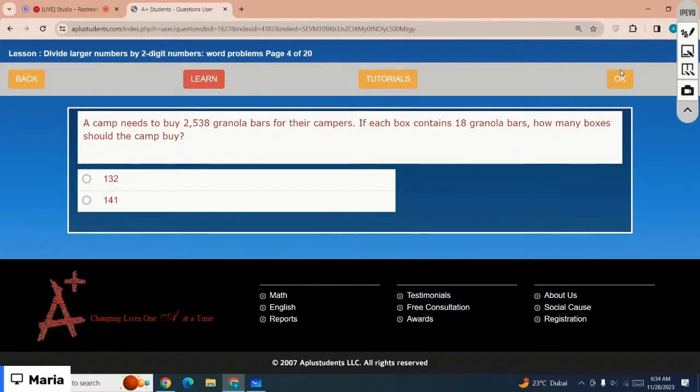Which is the correct option? 141. Yes, the correct option is 141. 141 is the correct option. You're just guessing the answers.